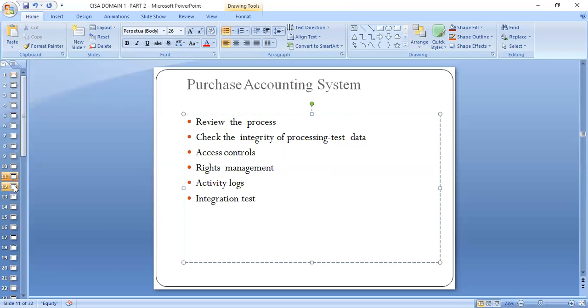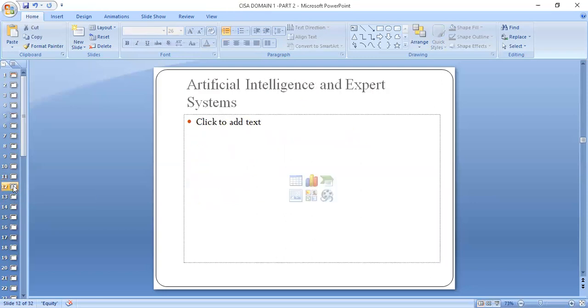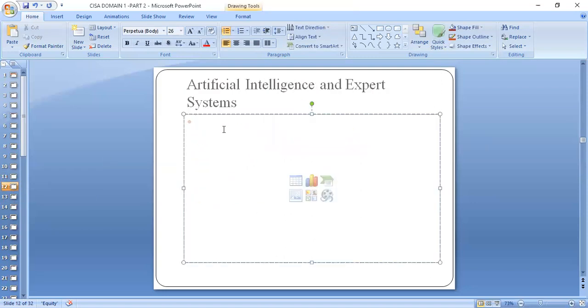So we cannot go through all business processes. So ISACA just decided to select this one. Of course, artificial intelligence and expert systems are a big one now. Globally, you have technologies like neural networks, which have learning ability, and can be used for fraud detection.